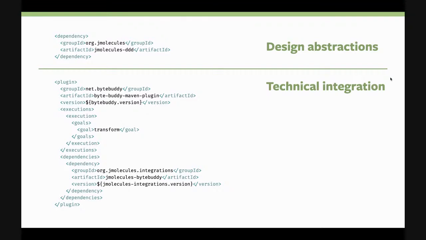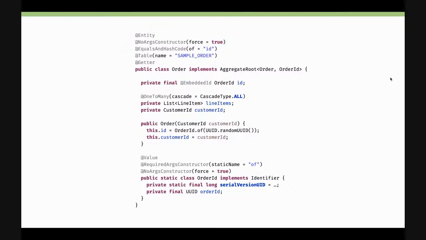So with this in place, we can actually go ahead and remove all default JPA mappings that would need to be applied for aggregates, because we've already expressed that Order is supposed to be an aggregate. So we can get rid of @Entity and the no-args constructor. We can also get rid of the need to implement equals and hashCode based on the identifier.